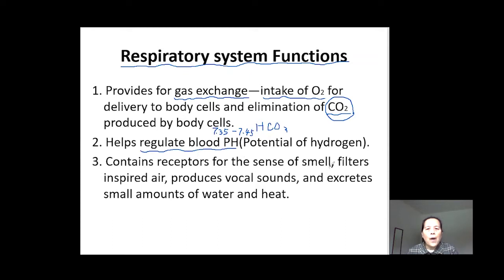The nose has a smell function. We have some special cells that can receive information, which we call receptors for smell. And the nose has other functions, like filtering the air.